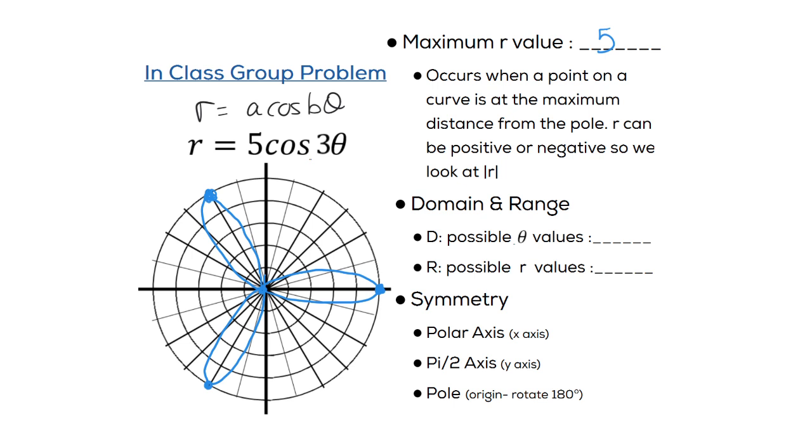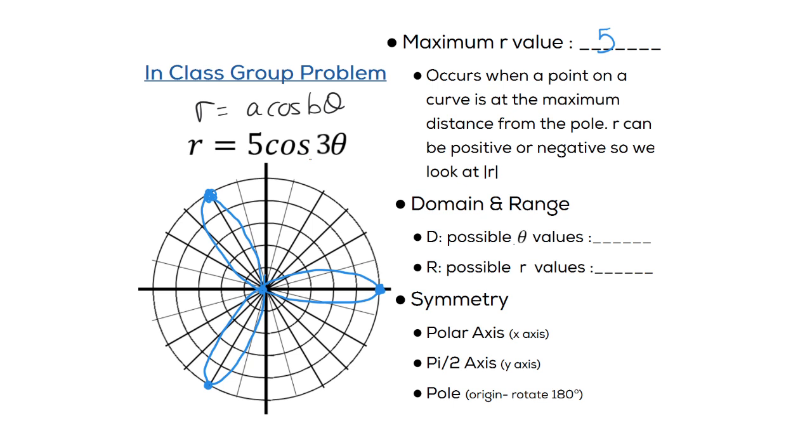For instance, the angle might have been this angle, but when we plugged it into the equation, it gave us a negative r value that shot us through up to there. That's why we always look at the absolute value of r. It might have been a positive 5, might have been a negative 5, but the farthest out it ever got was 5 units.